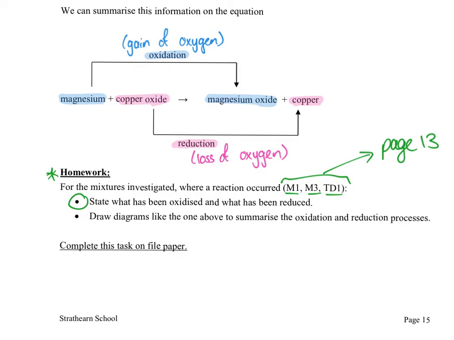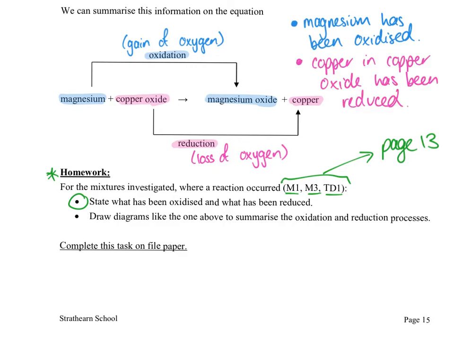So if I went up to the previous example that we've just covered together, you would write sentences like this. We can see from our diagram that magnesium has been oxidised and that the copper in copper oxide has been reduced. So that's all we mean by state what has been oxidised and what has been reduced. Then you also have to draw diagrams like the one above, and that's this diagram here, to summarise the oxidation and reduction processes.